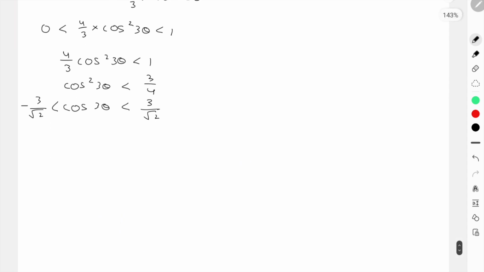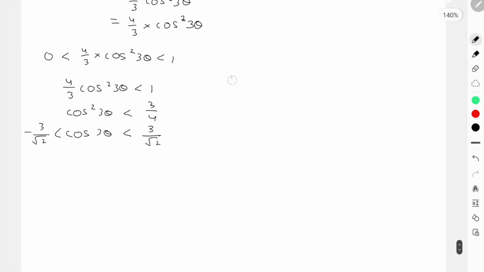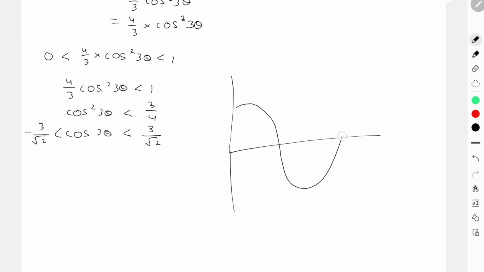And now let's draw a graph to show this. This is pi by 2, this is pi, this is 3 pi by 2, and this is 2 pi. So 3 pi by 2 is going to be somewhere here.